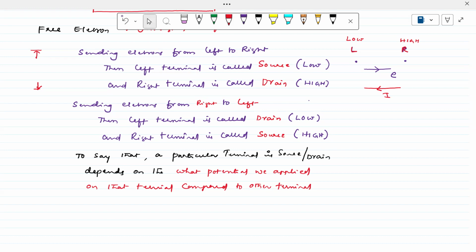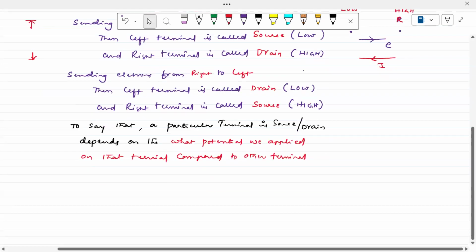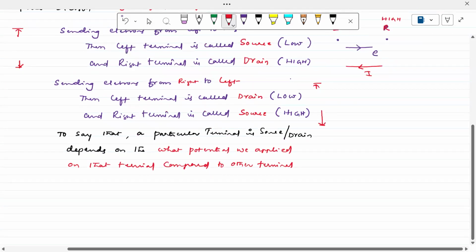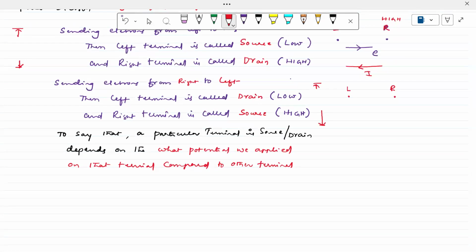Right. Now, if you take this as an option, for example, then what can you suggest to me? That means this is the left side, this is the right side. Therefore, this is the left, this is the right. Left is at high potential, right is at low potential. Now, the electrons move from right to the left, right?